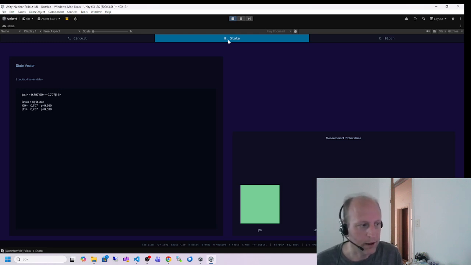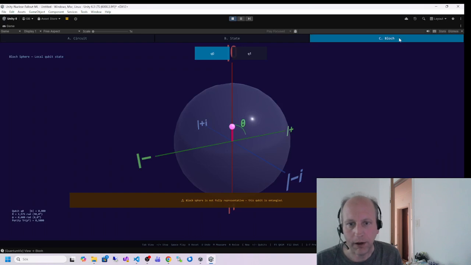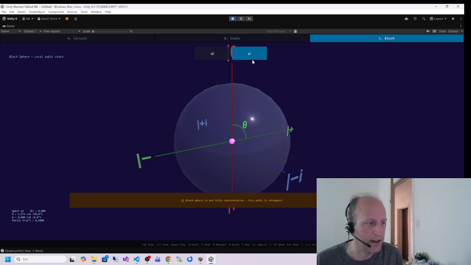But the result can only be 00 or 11. And in the Bloch sphere, as both are entangled, they share the information. So the vector is not pointing anywhere. It is in the middle.